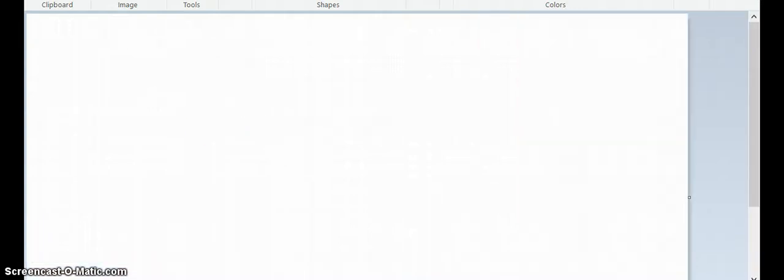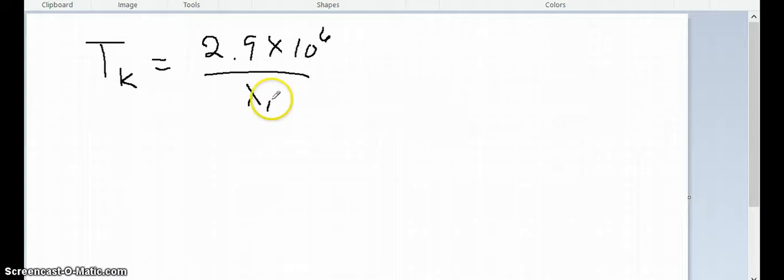Let me try to draw this one again, sorry. So again, for number 7, the temperature in Kelvin is equal to 2.9 times 10 to the 6th divided by lambda max.